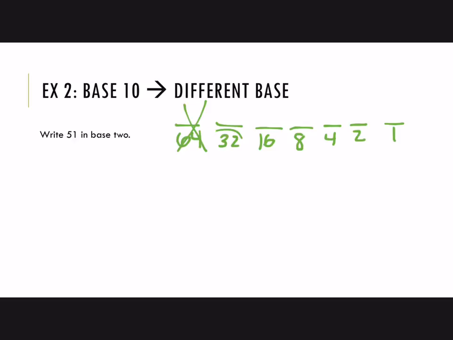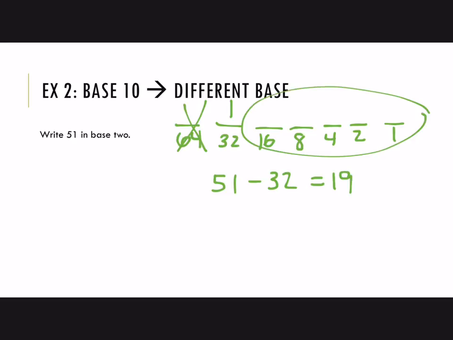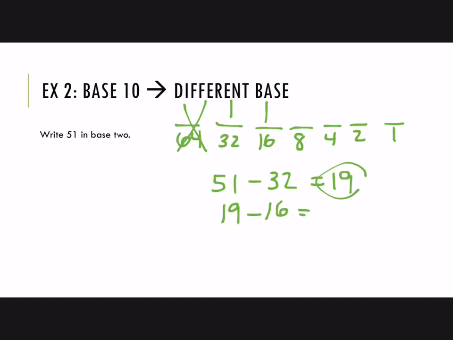Alright, so how many groups of 32 go into 51? Alright, one group of 32. So 51 minus 32 leaves 19 left over to be distributed among all of the other places. How many 16s are in 19? One group, so 19 minus 16 is 3.